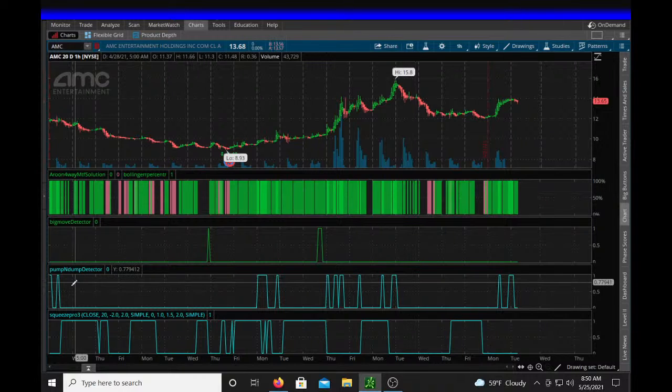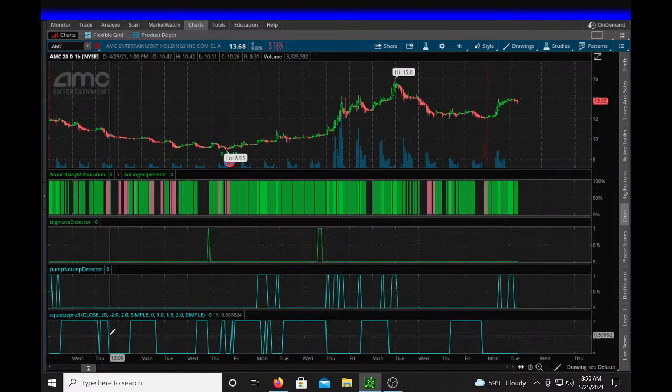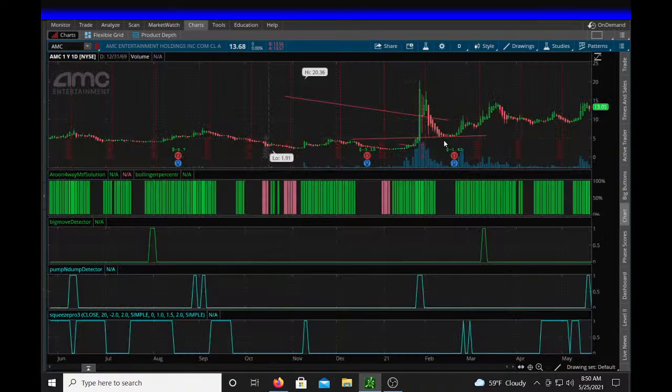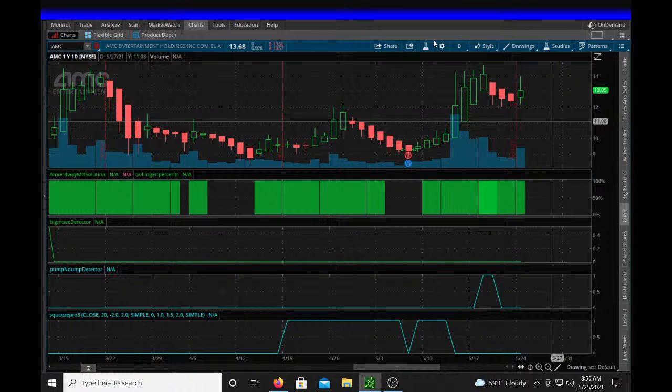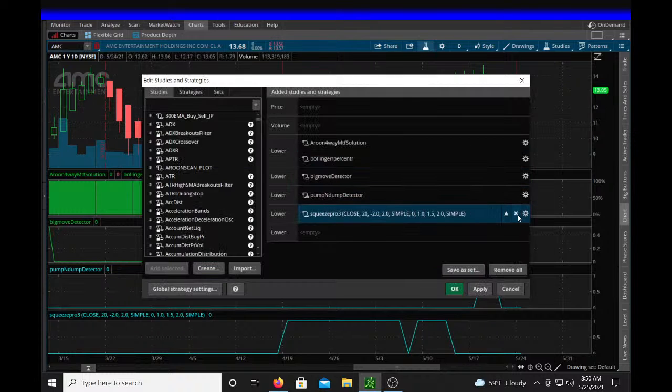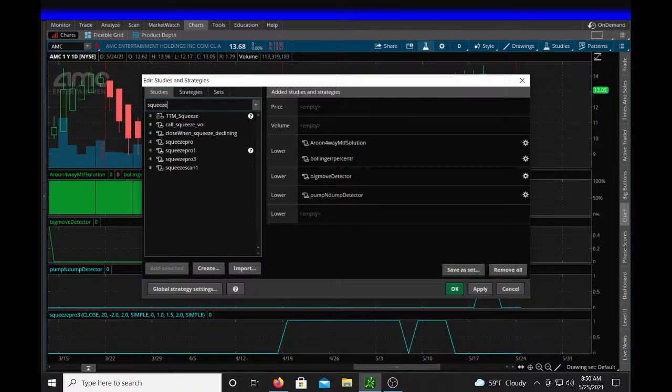All right, now our pump and dump detector and our squeezes. And when the squeeze lets go. All right, now let's see what else we can find. There were some more squeeze scans. Let's see, and I've got a watch list too.